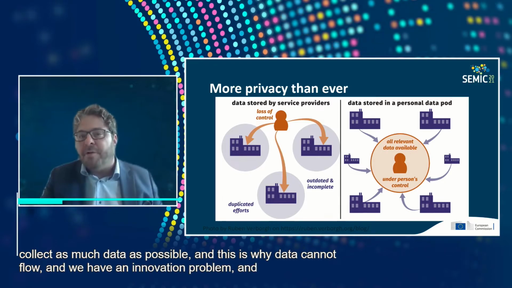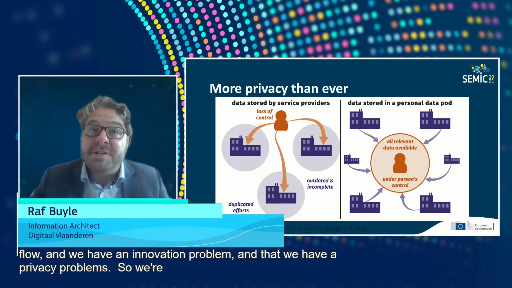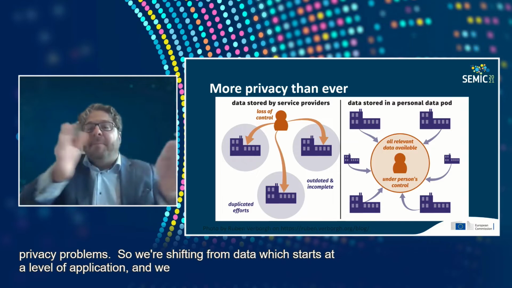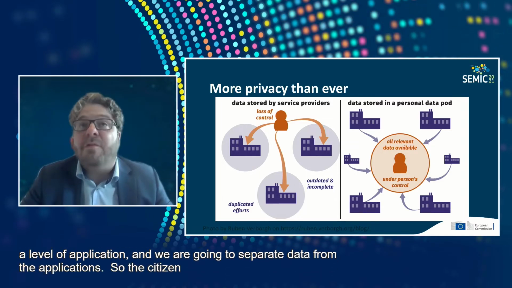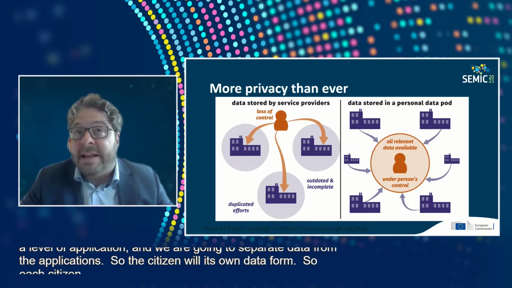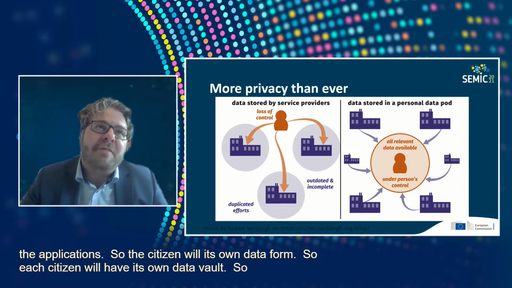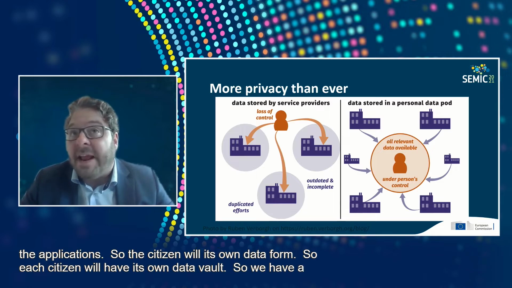So in Flanders, we are shifting from data which is stored at the level of applications and service providers, and we are going to separate data from the applications. So the citizen will get his own data vault. Each Flemish citizen will have his own data vault. Now in Flanders, all citizens have a minimum of gas, water, and electricity, regardless of their income.